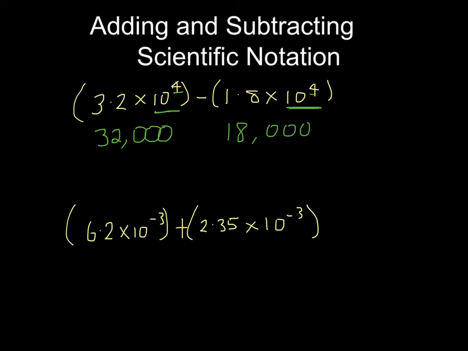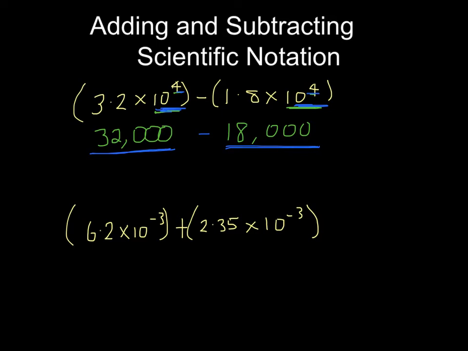Hopefully you'll notice that because we have the same base and power, it makes these two really easy to subtract, because the place value columns align. 32,000 take away 18,000. Same base, really easy in this case to then subtract.